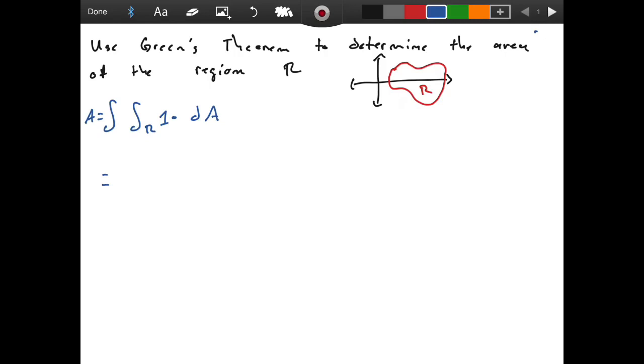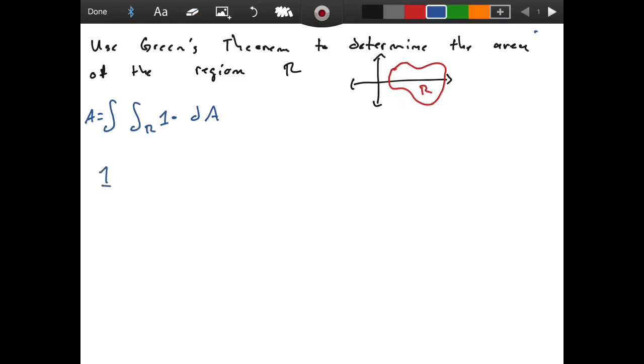Well, remember, Green's theorem connects certain integrals over a region to certain integrals over the boundary of that region. So in particular, let me redo this.